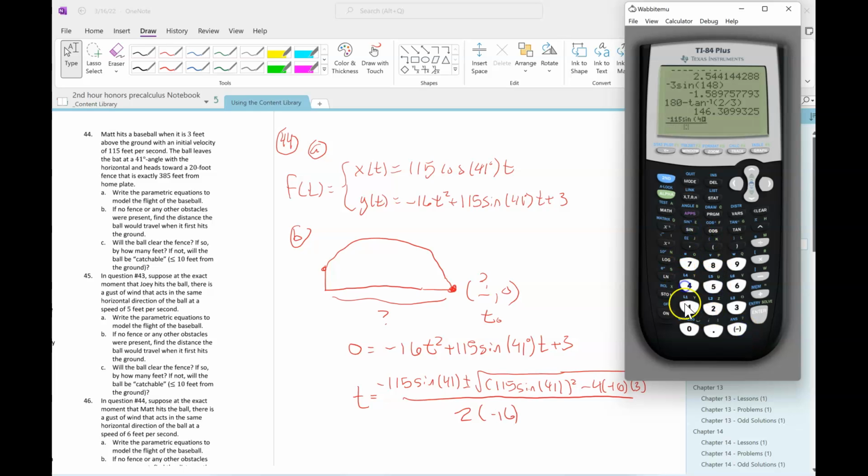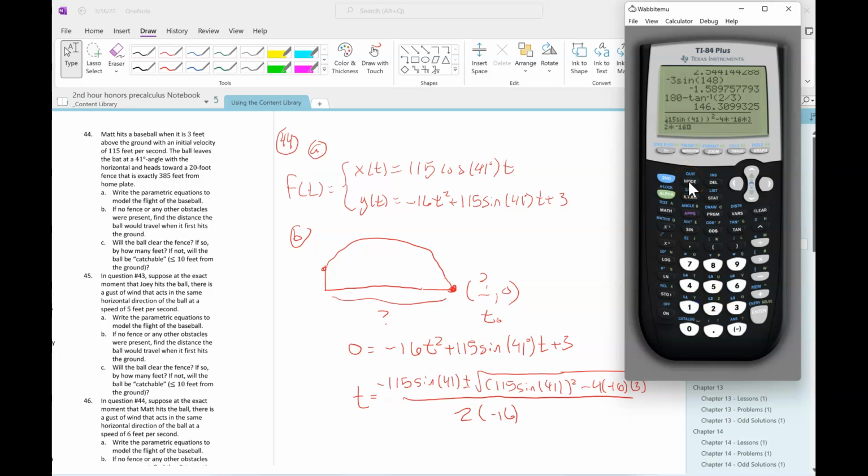So 115 sine 41 plus square root, and then around that 115 sine 41 squared, I need to put a parenthesis around all that. There, squared minus 4 times a times c, all over 2 times a.